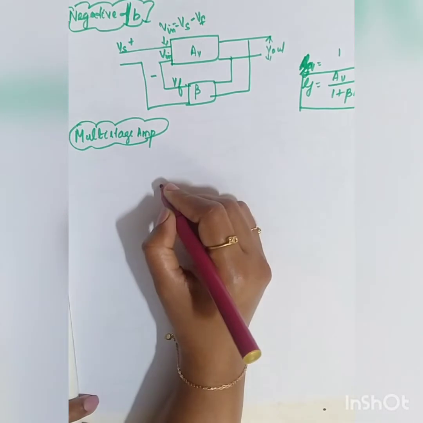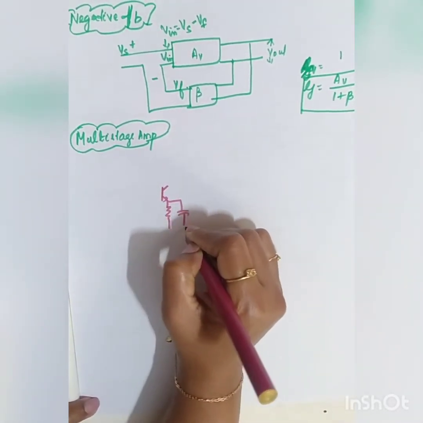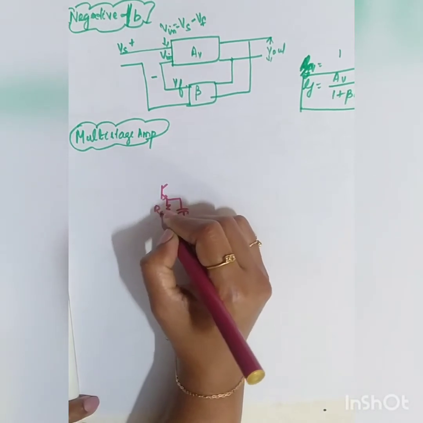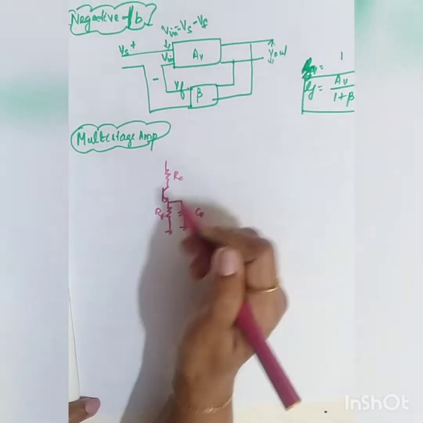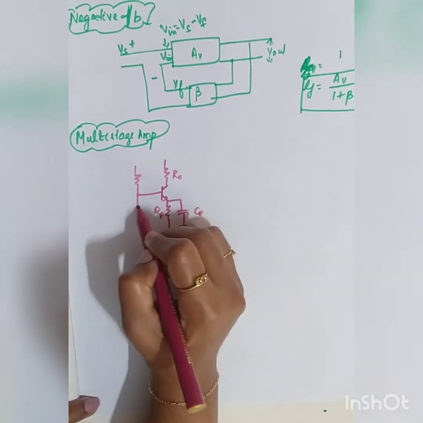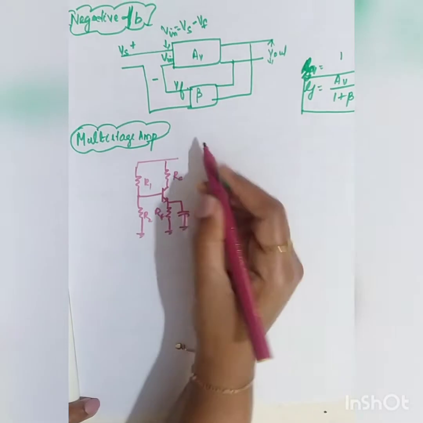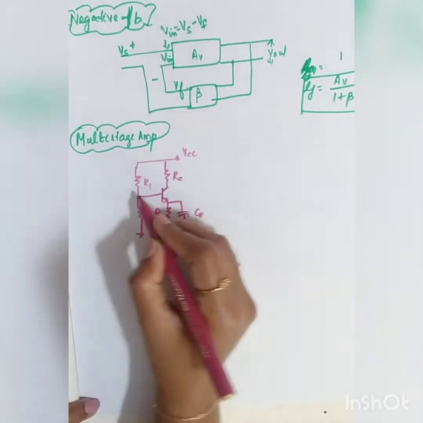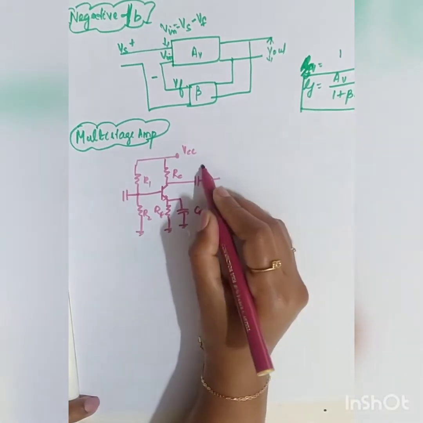Okay. So first draw the diagram of a CE amplifier. RE, CE, RC, R1, R2. This will go to your VCC. You have input coupling capacitor, output coupling capacitor, CC.